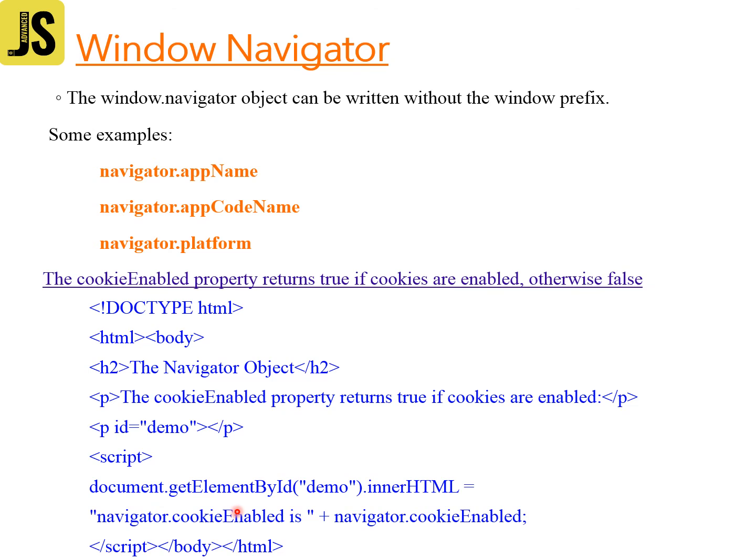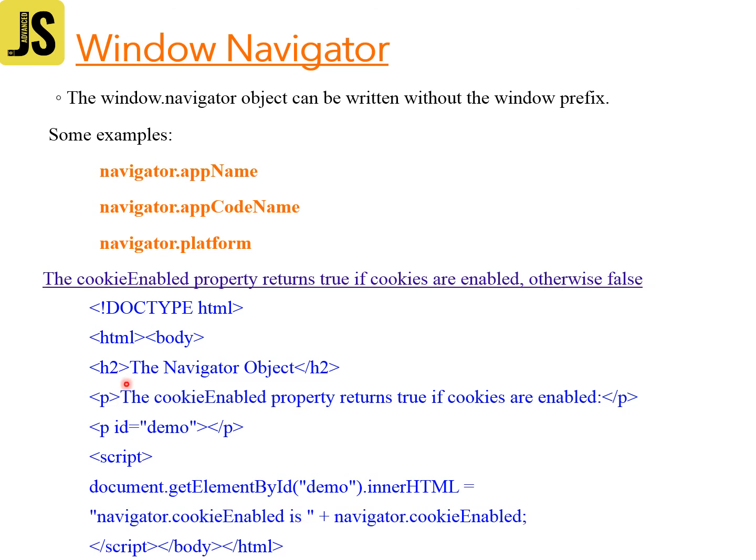document.getElementById("demo").innerHTML = navigator.cookieEnabled. So here what happens is inside the script it is trying to put content into the empty paragraph demo.